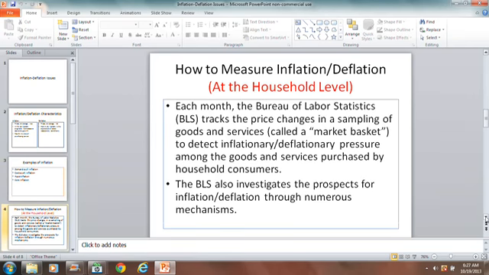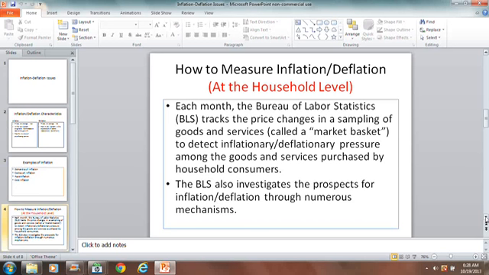In terms of how to measure inflation, we'll focus primarily on the household level, measuring inflation that you and I as consumers would typically encounter. This is done by the Bureau of Labor Statistics. Each month they track prices. They choose a sample of prices of different goods and services that consumers would buy, and they track those prices from month to month.